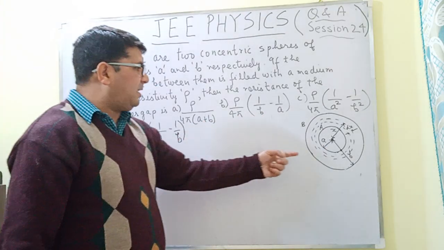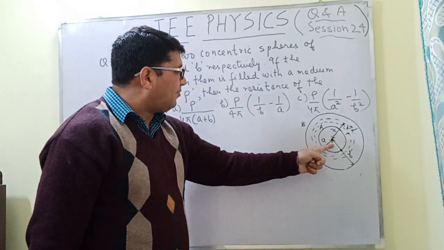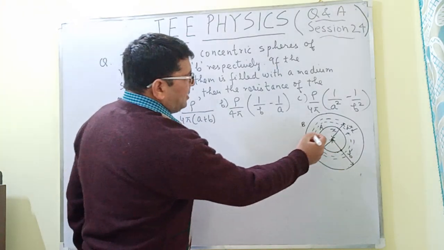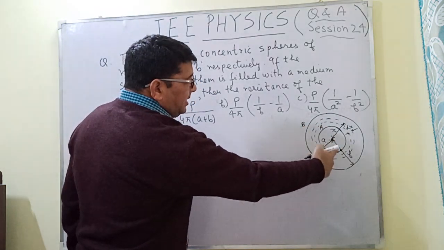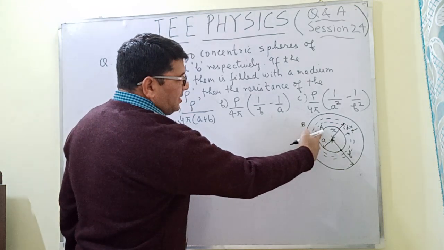In order to save time, I have already drawn these two concentric spheres on this board, and I have also drawn one concentric sphere in the intergap, that is, in the gap between these two spheres.